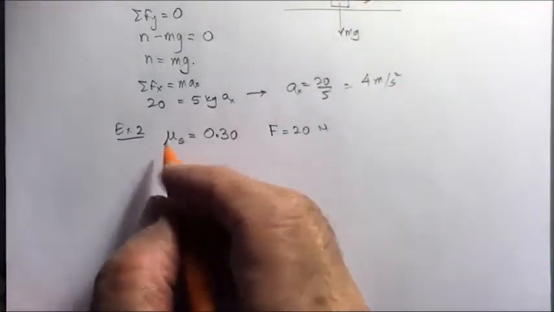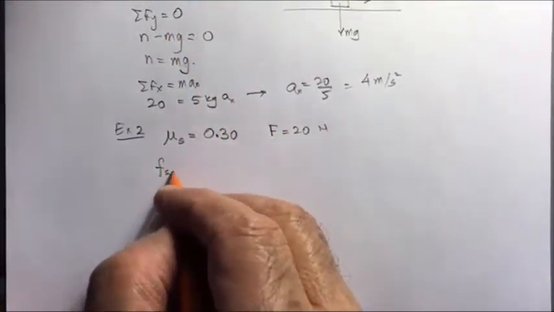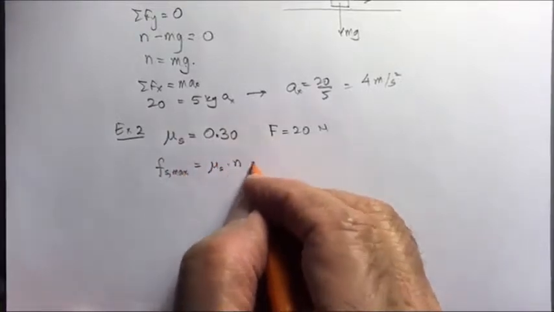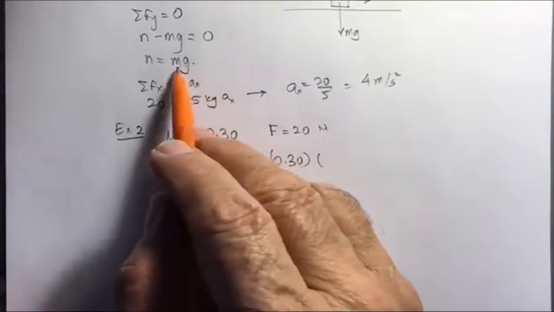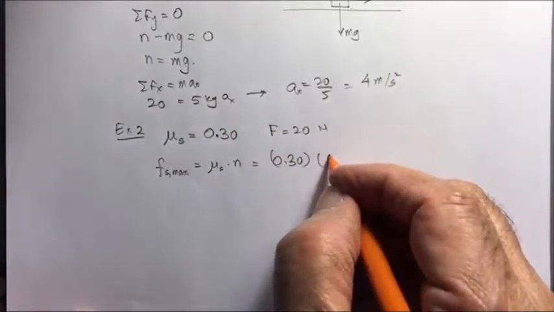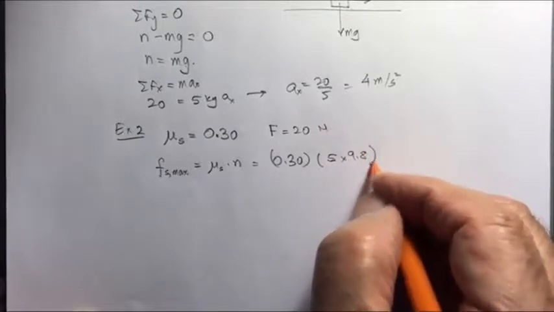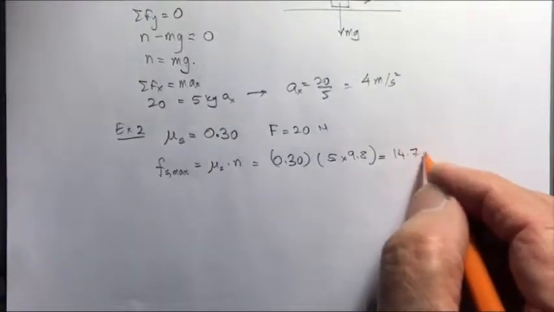The normal force is going to be mg, so the maximum static friction will be mu s times N, which is 0.3 times the normal force. That's mg, so m is 5 kilograms times 9.8, and 9.8 times 5 times 0.3 becomes 14.7 newtons.